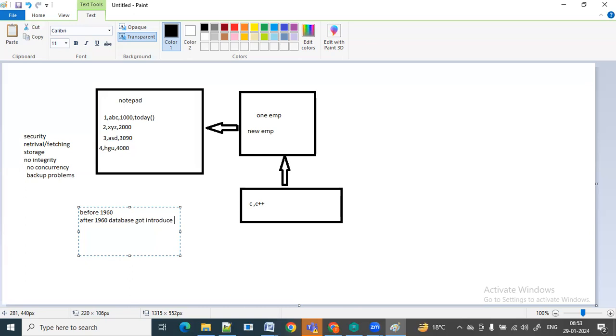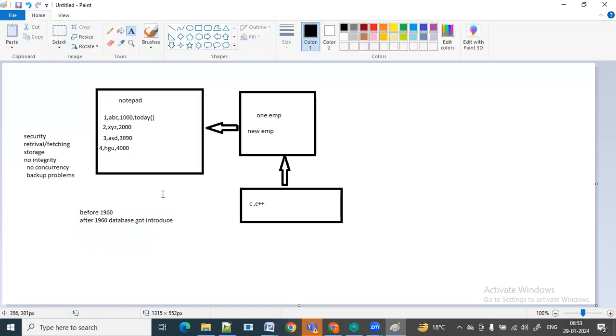It's not really related. It's a simple thing. Database management systems are of different kinds, but they give the same advantages, as we have seen the disadvantages with the notepad. You will get it.